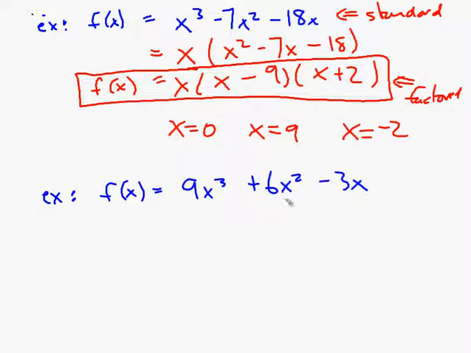How about this one? What can I take out? I'm getting it in factored form. Say again? 3x. So that gives me 3x squared plus 2x, then what? Yeah, minus 1. And then I factor this thing in here.